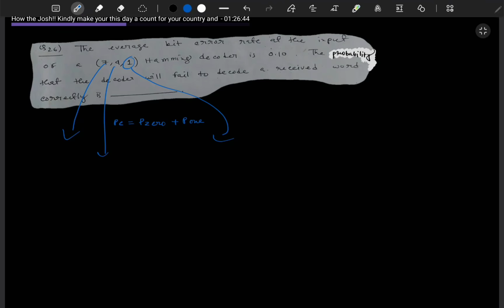So here, as it is 1, we can correct only 1 bit. The remaining we cannot correct. As we correct up to 1 bit, the probability of correction will be 7C0 P0, meaning no error condition, and only one error, which can be corrected by the Hamming decoder.